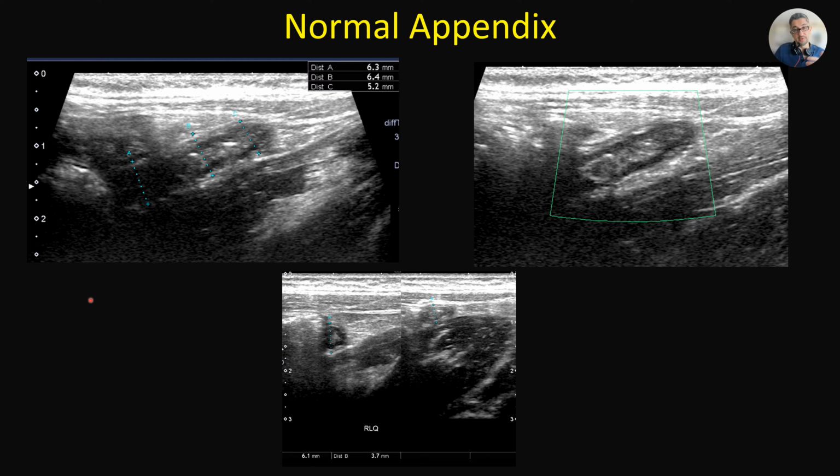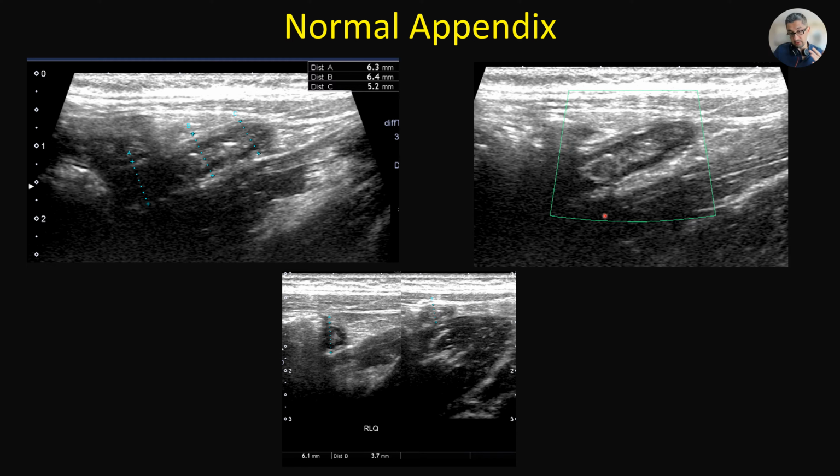Another one called appendicitis, here measuring up to 6.4 millimeter, so it's over 6, and there is no thickening of the lamina propria, so there is no lymphoid hyperplasia. This is compressible, so in the report it was called partially compressible. So this is actually a normal compression. You can't compress the appendix more than this.